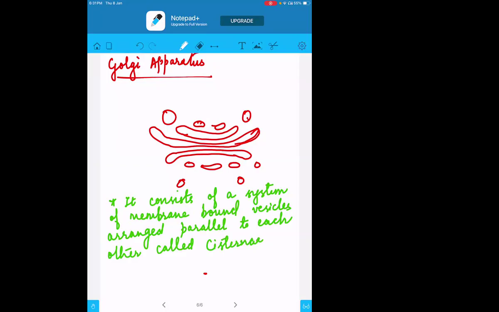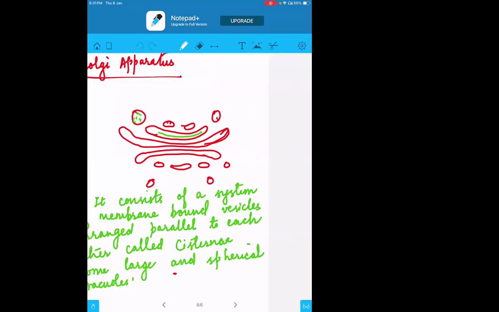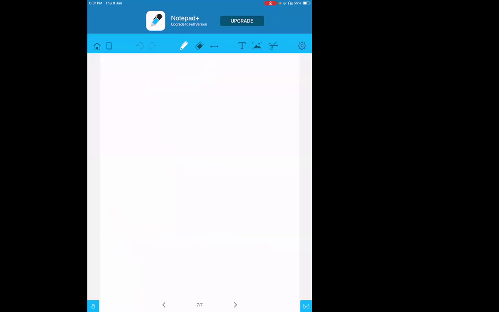Along with the cisternae, there will be some large and spherical vacuoles also present around the cisternae. These are the vacuoles, and these are the cisternae which are present in them. It was discovered by Camillo Golgi.